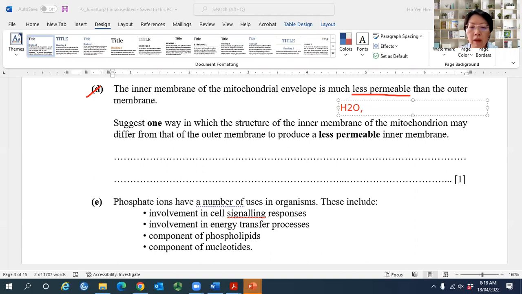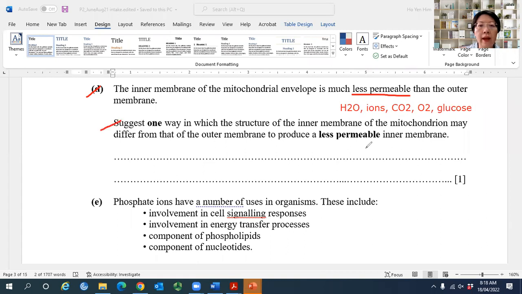It can be less permeable to the ions. It can be less permeable to CO2, oxygen. Maybe it's less permeable to glucose, right? So these are all possibilities, right?